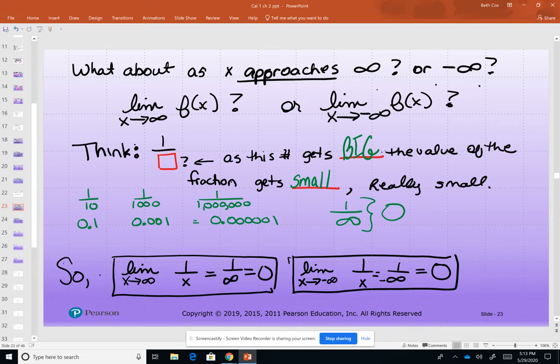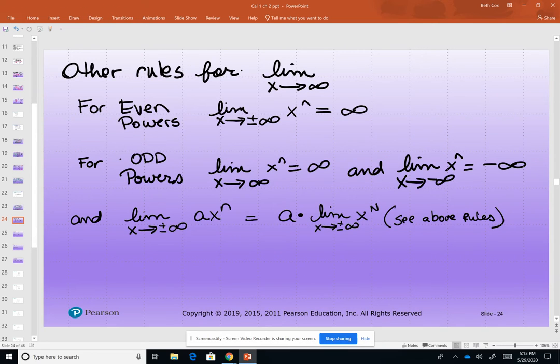There are a couple of other limits to infinity that we need to look at as well. So now, what if we did the limit as x goes to infinity of a power? Well, this is intuitive. It's not nearly as complicated as it may look.